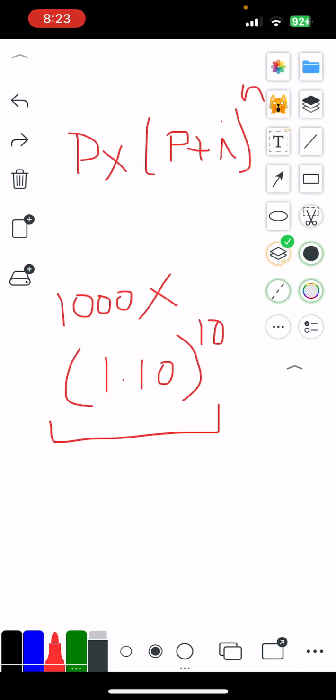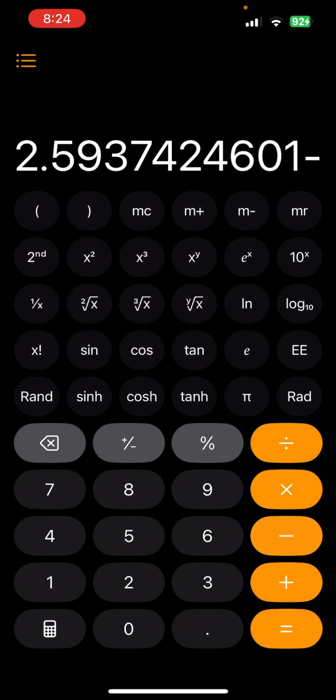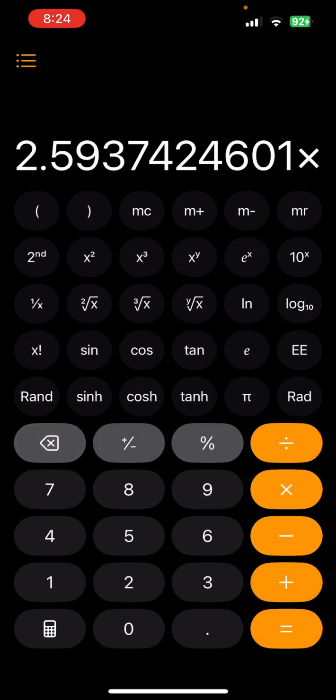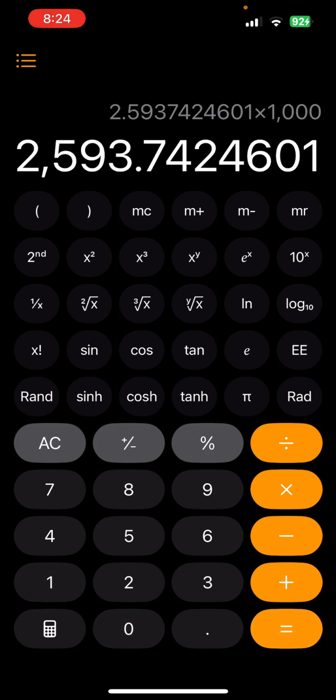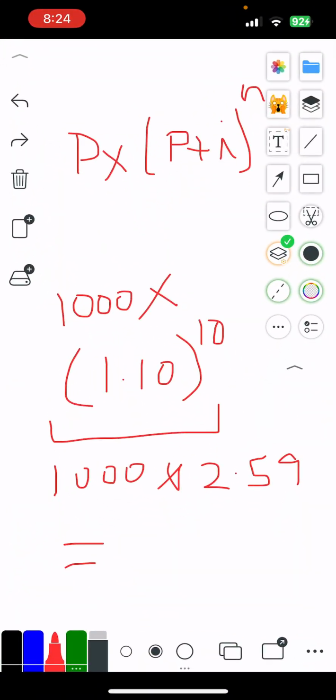So we type in 1,000 times 2.59, and this gets you your solution, which is roughly $2,594.